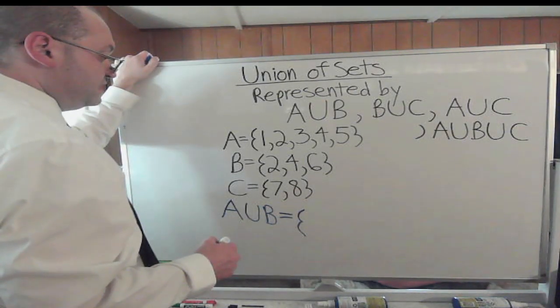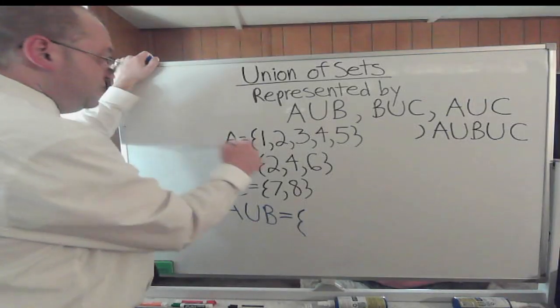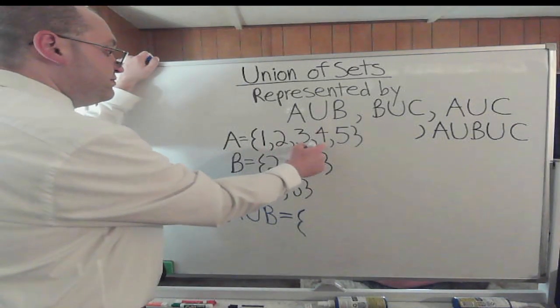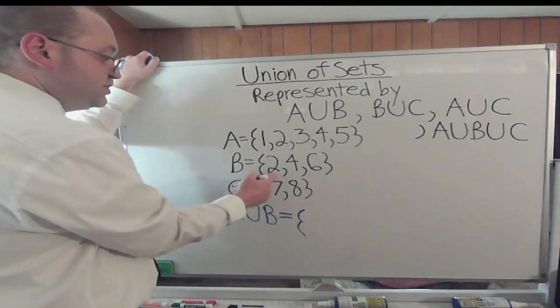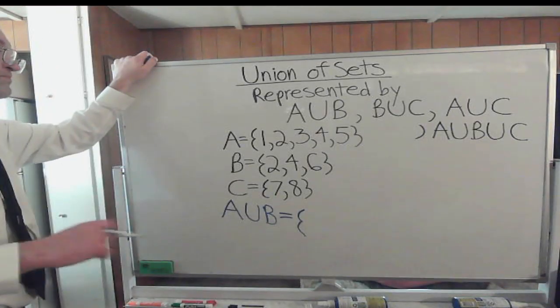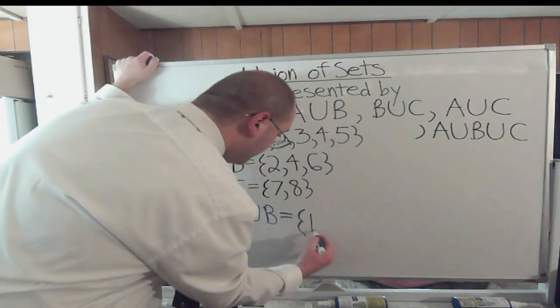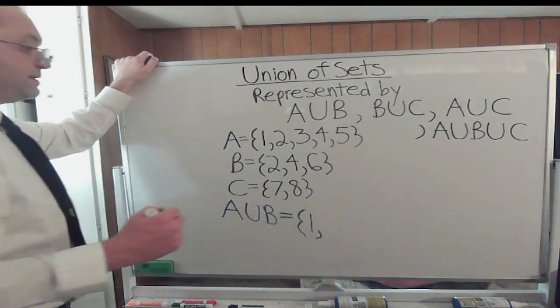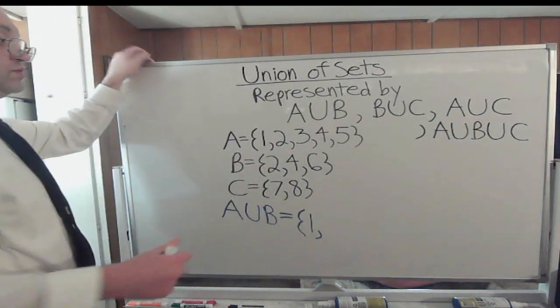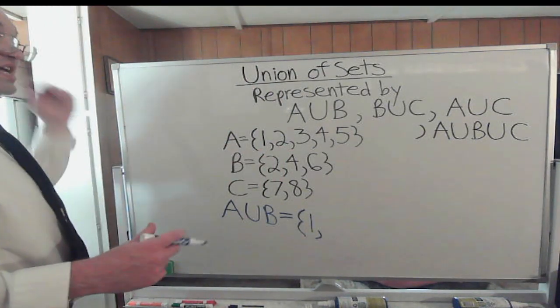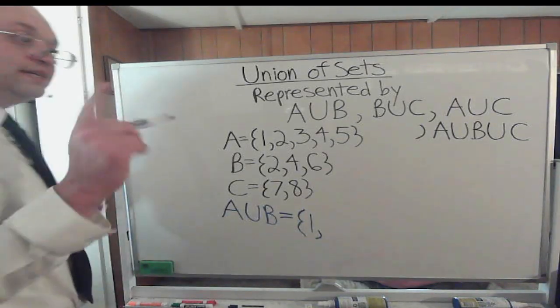Alright, let's look at the members of A. You have 1, 2, 3, 4, 5. Then B, you have 2, 4, and 6. Well, they have a 1, so you're going to get a 1 for the set. They both have a 2. Now, if the same number occurs in both sets, you only list it once.